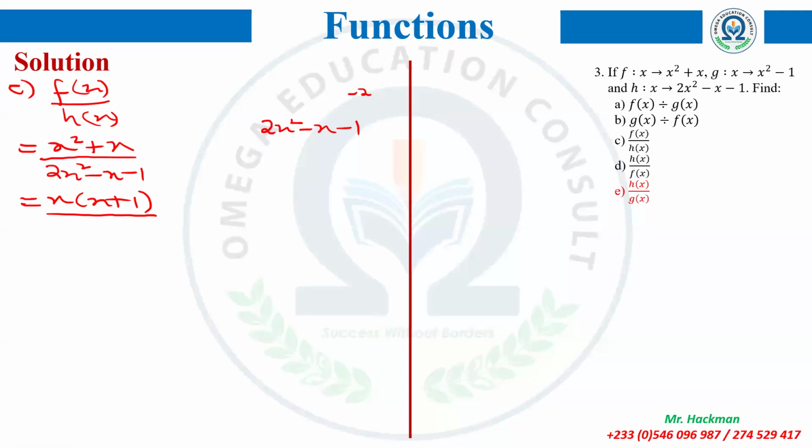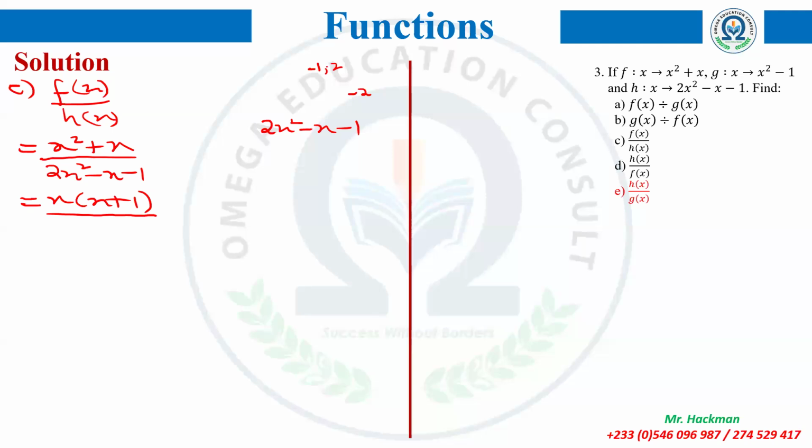So we'll be looking for factors of negative 2, a factor pair of negative 2, which when you multiply, you get negative 2, and when you add, you get negative 1. So let's see, the factor pair of 2 will be 1 and 2. This will be the possible factor pair. However, because the product is supposed to be negative, one of them must be negative.